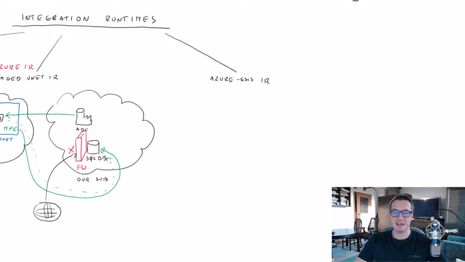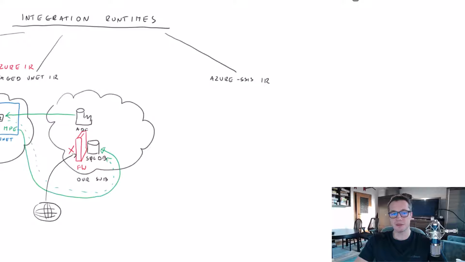Basically, SSIS is the way we developed our pipelines, our processes on premises. Now, let's assume that you spent like 3 years developing those SSIS packages on premises, but you would like to migrate to cloud, to Azure. And you don't want to rewrite all those SSIS packages into ADF resources. You would just like to execute them.